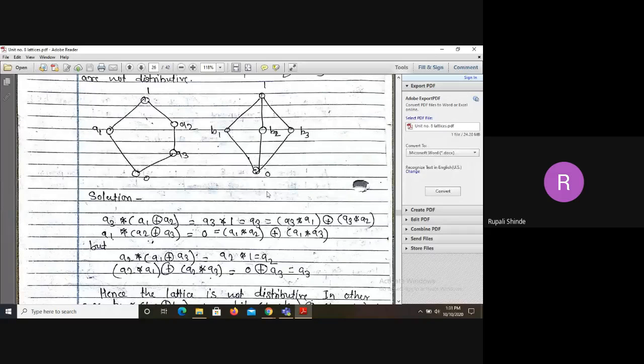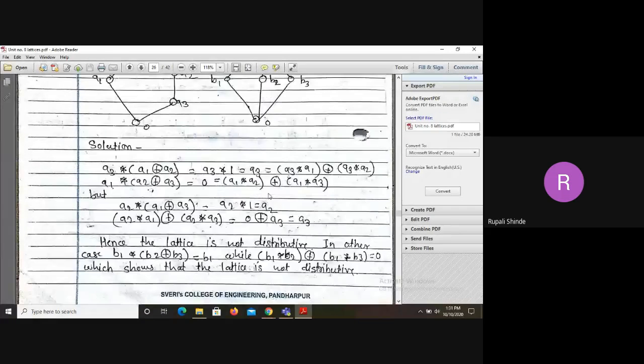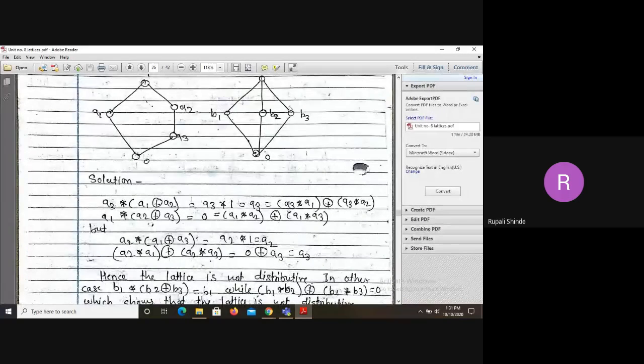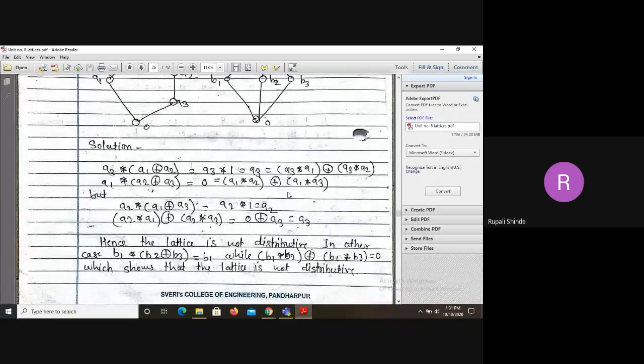B1 star B2, it is 0. Okay. Now check for the next one. XOR operation is there. B1 star B3. Again it is 0. Okay. Now check for this LHS.